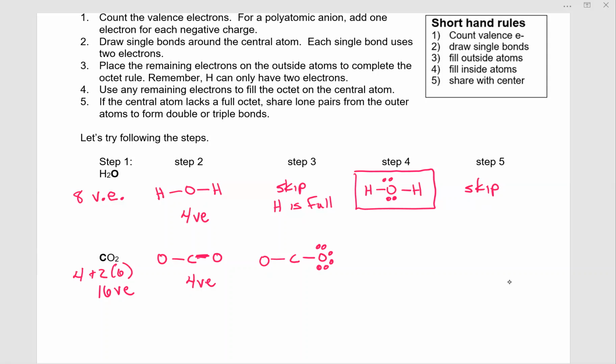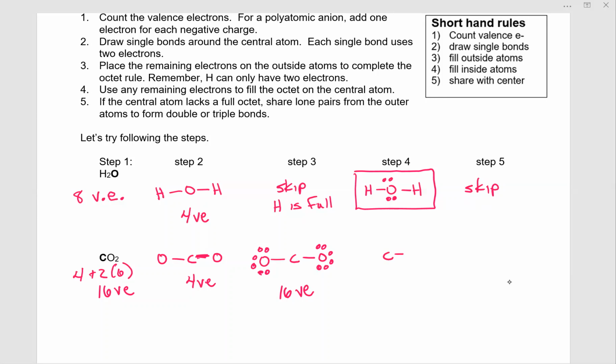That's 8, 10. Okay, so you always have enough to fill the outside, trust me. So let me count how many I've spent. 2, 4, 6 on the first oxygen. And then I have 8, 10, 12, 14, 16. 16 valence electrons. I've spent my entire valence electron budget.